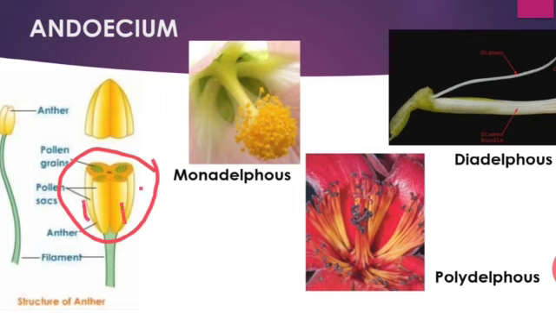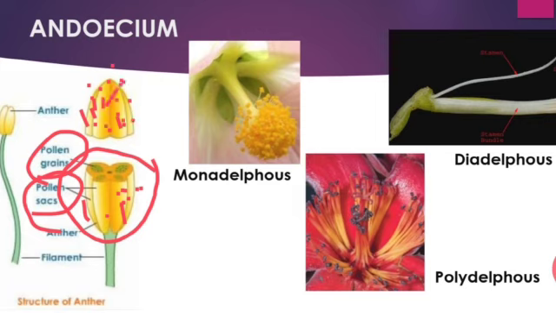Two lobes are there, filled with pollen grains, and these bag-like structures are known as pollen sacs. Immature pollen grains are present inside the pollen sac, and when they mature, they are arranged at the top of the anther.